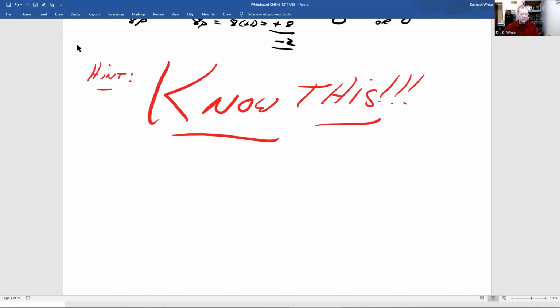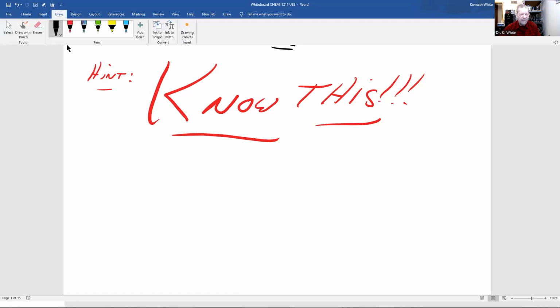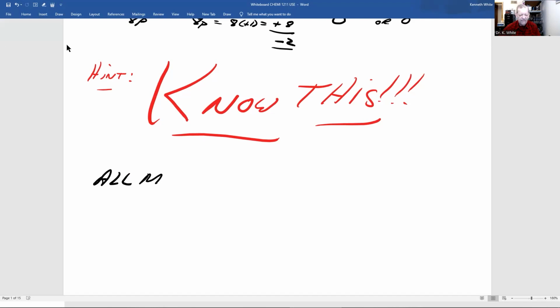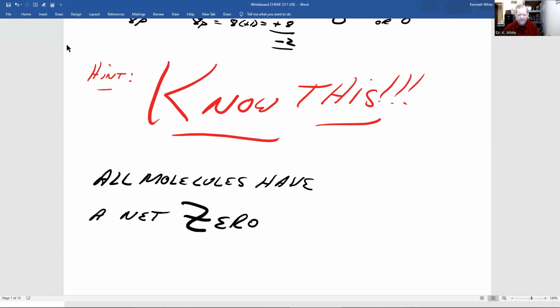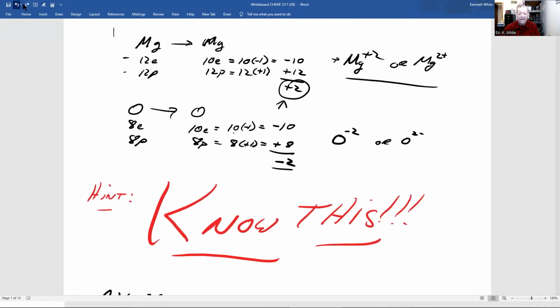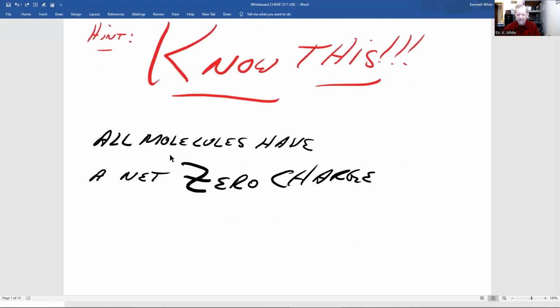And know this. And what should you know? All molecules have a net zero charge.